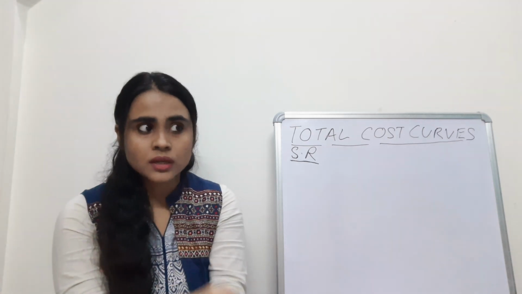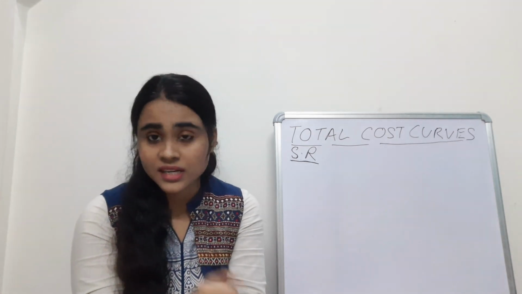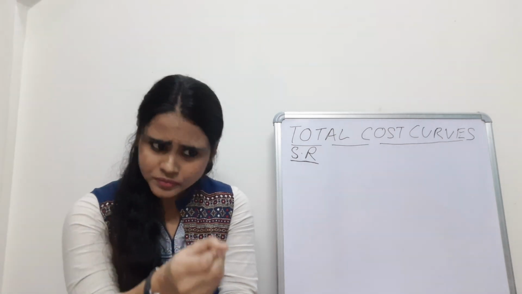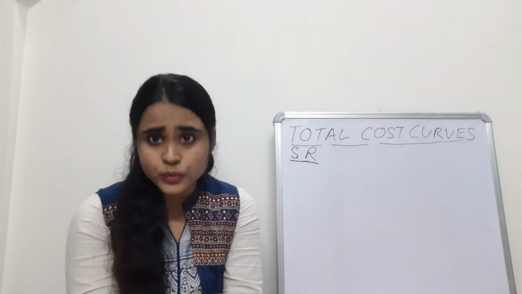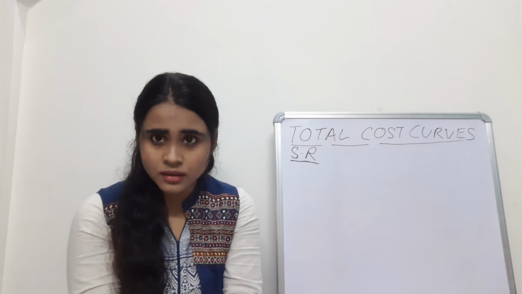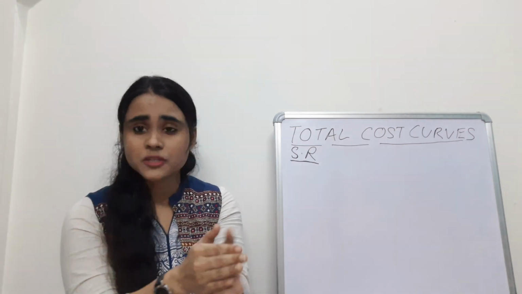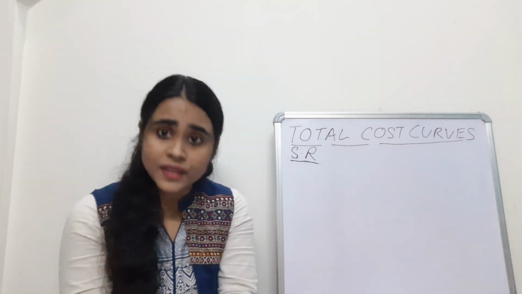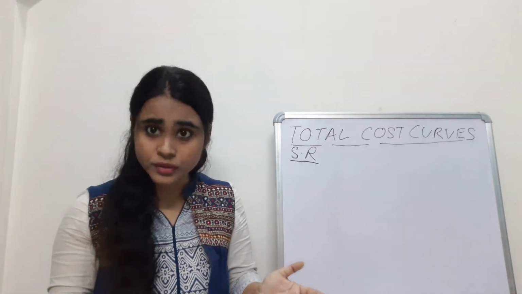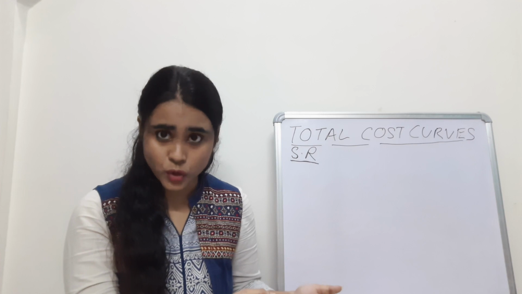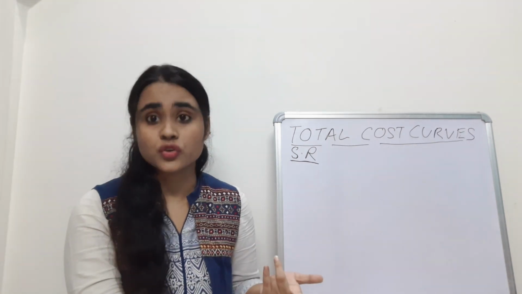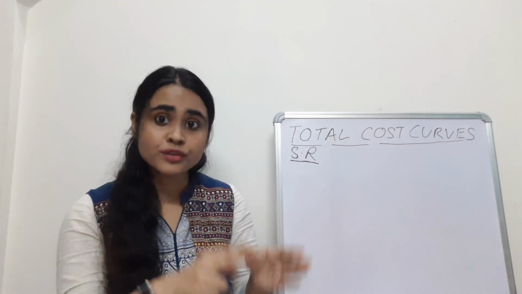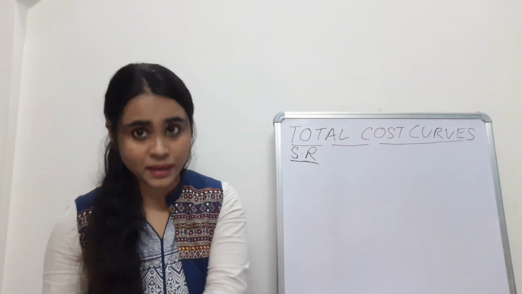Let's take an example: if a firm wants to produce 100 pens and the money expenditure will be 2000 rupees, then all the cost included in the production process will be termed as total cost, and the total cost will be 2000 for production of the 100 pens.